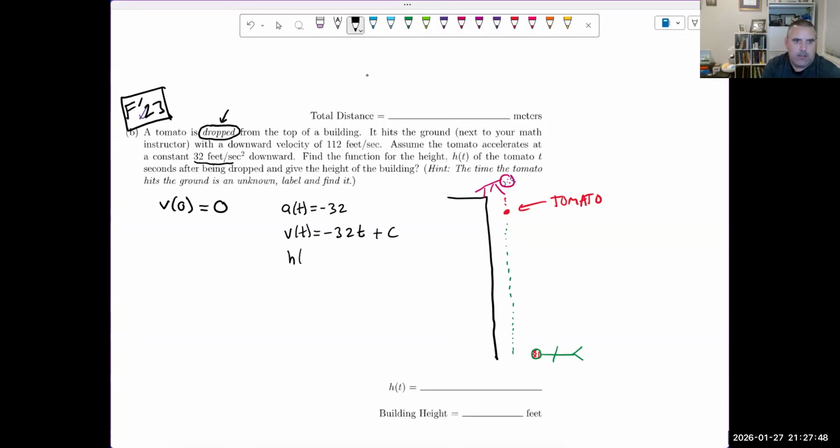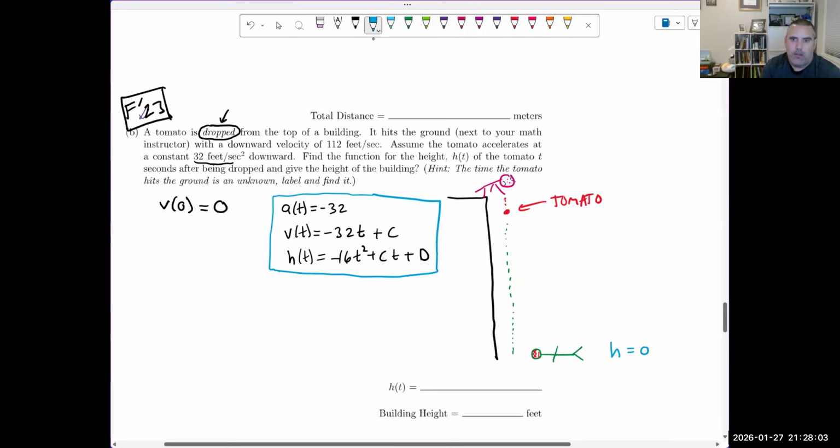The height is negative 16t squared plus ct plus d. So if you make the choice that the ground is zero and that positive is up, then these are your equations if you're working with feet. And we can use that initial condition.